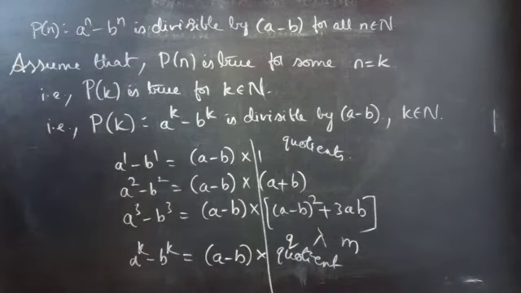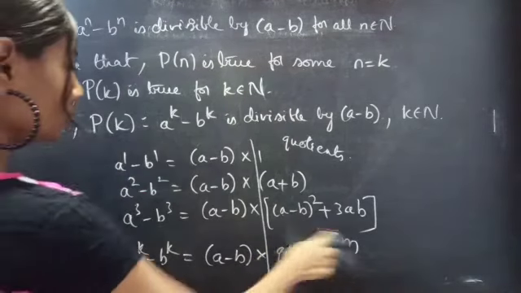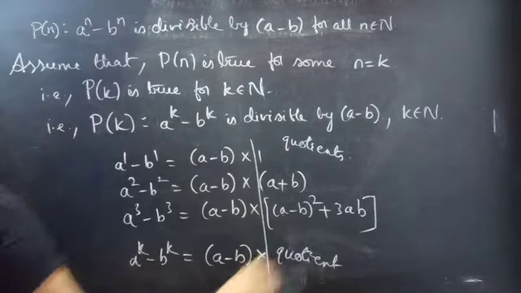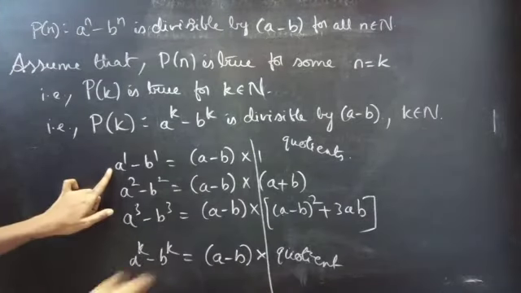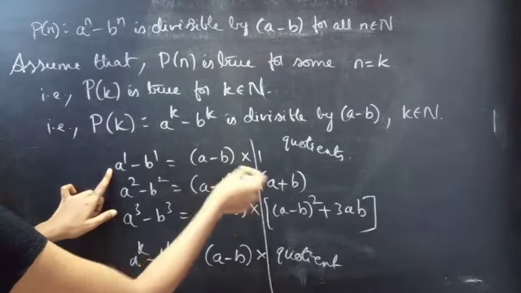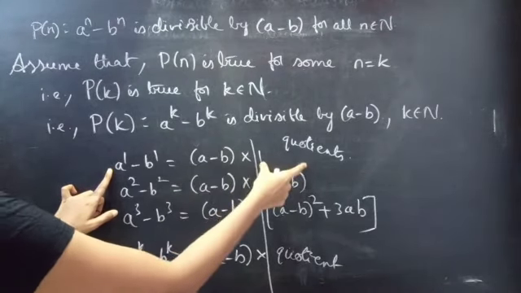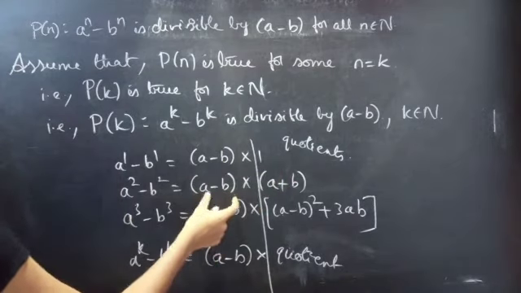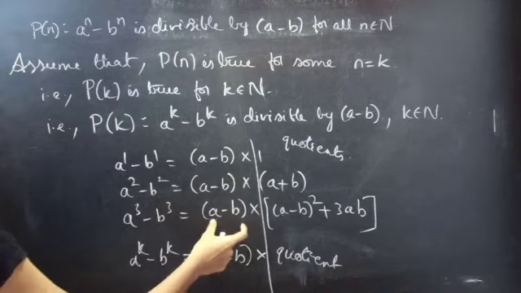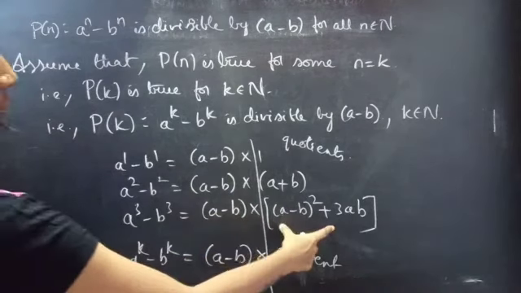Okay? Since we got for n equals 1 a multiple of a minus b with some quotient, and here also a multiple of a minus b with some quotient, and for 3 a minus b into some quotient.